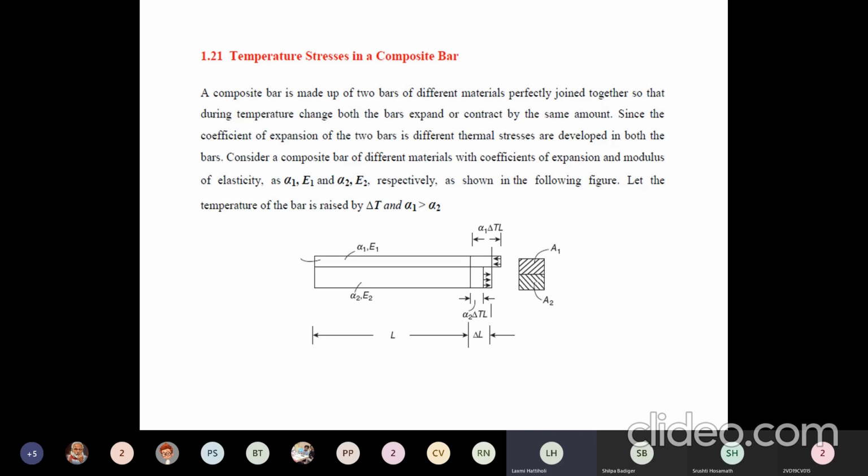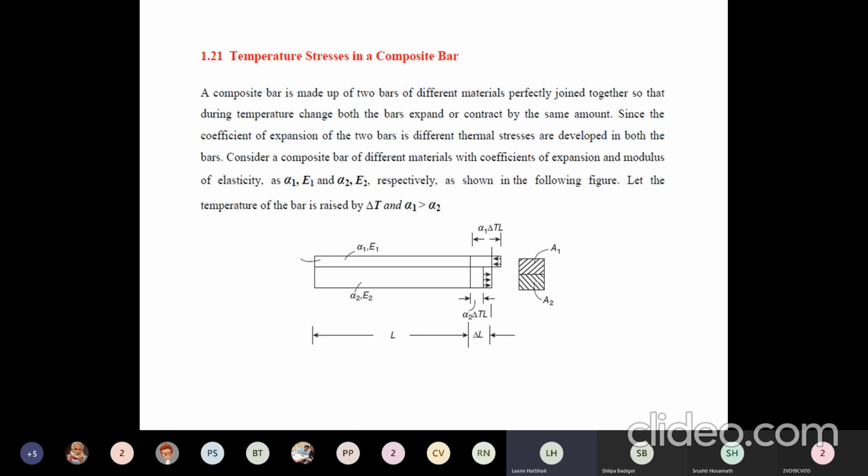But we said that both of them expand or contract by the same amount. Now, to maintain this, I'll simply draw an equilibrium line in between the two extensions. Now to meet the same deformation in both the materials, what should be done?